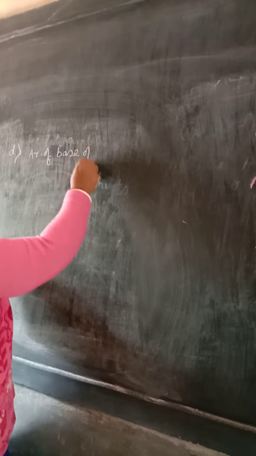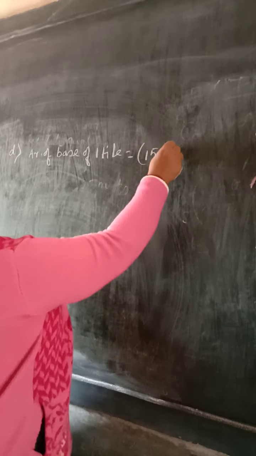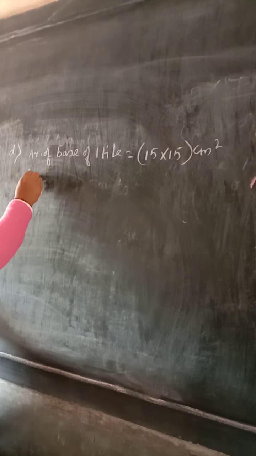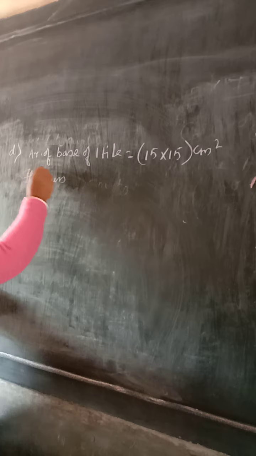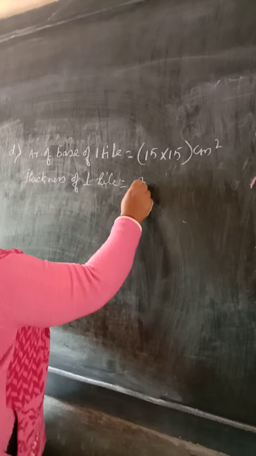There are altogether 100 tiles in a pack. Each tile is 15 into 15 centimeter square and 3 centimeter thick. Area of base of one tile is equal to 15 into 15 centimeter square. Height of the tile, or thickness, is the same thing: the thickness of one tile is 3 centimeter.